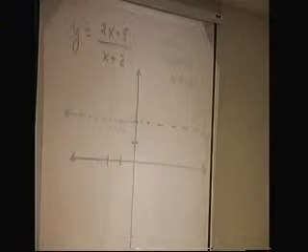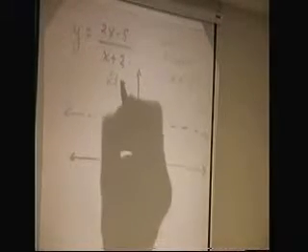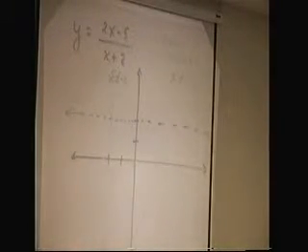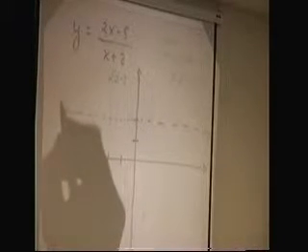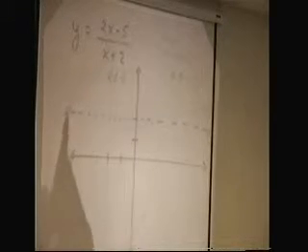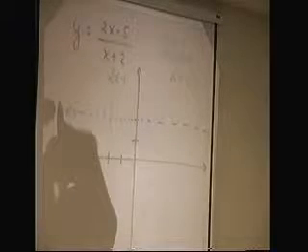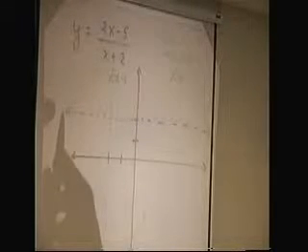By the way, this equation is x is not equal to negative 2. What's the equation of this blue line here? What's the equation of this blue line?